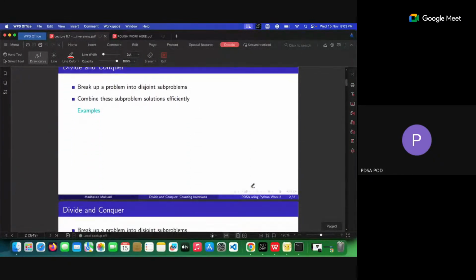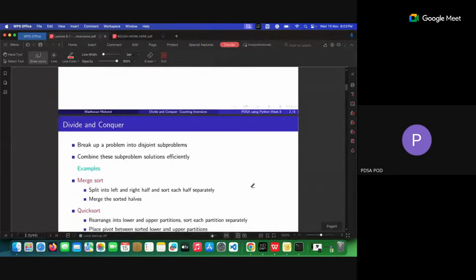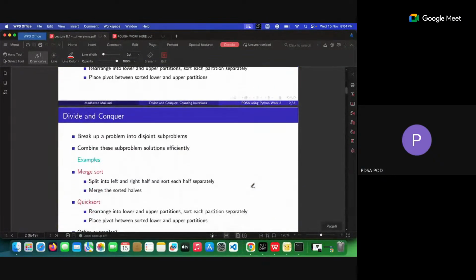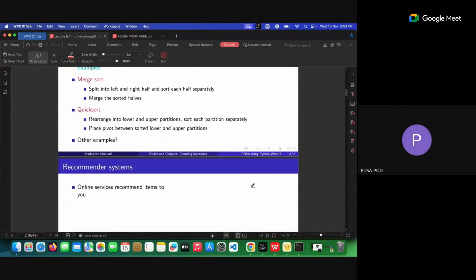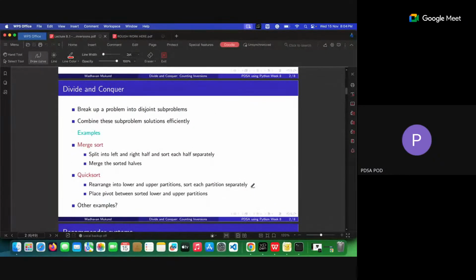This is a list of sequential slides. You already know that divide and conquer is a simple technique. It splits the problem into subproblems.